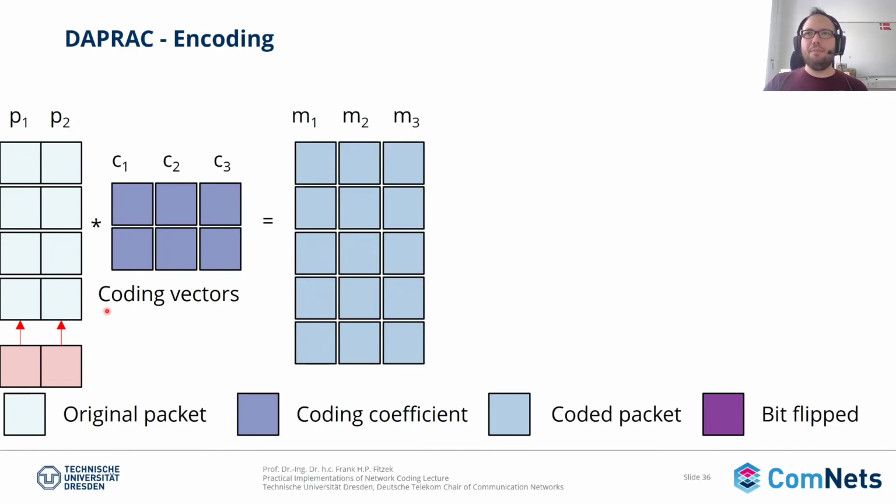So now the network encoder would again choose some coefficients, some coding vectors, and it will produce some coded packets. As you see here, the coded packets are one symbol longer than the original data packets because we have the CRC appended. In this case, the CRC has the same length as one symbol, but the CRC can be longer or shorter, so it can have different lengths. In this case, it happens to have the same length as our original data.